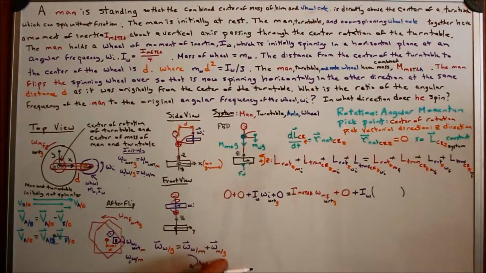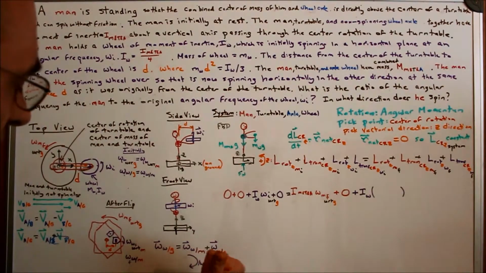Well, then I need to get this term. I need to think, what's the man with respect to the ground? Well, the man with respect to ground, that's this. Which I said in my final, with respect to ground. So you can see that these are not in the same direction. This one's clockwise, so in the minus Z direction.